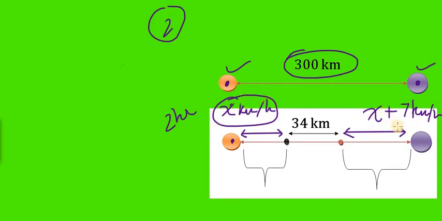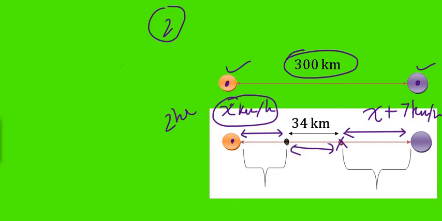So obviously the motorcyclist who has more speed covers more distance in 2 hours. So that is why this motorcyclist has covered this much distance. It is larger than this distance. Okay, so this is the thing. And also the distance between those two motorcyclists is this much, and that is 34 kilometers.